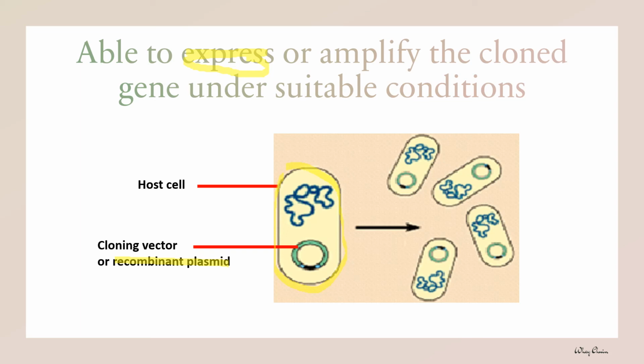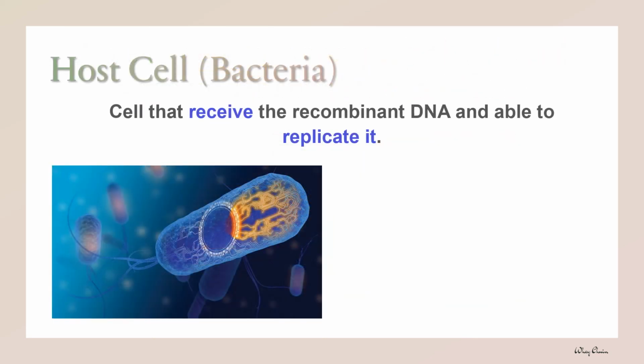Selain itu, cloning vector yang telah membawa foreign gene ini atau recombinant plasmid mesti ada keupayaan menghasilkan banyak foreign gene tersebut melalui DNA replication, atau kita panggil proses itu amplification. Host cell is defined as the cell that receives the DNA and able to replicate it.